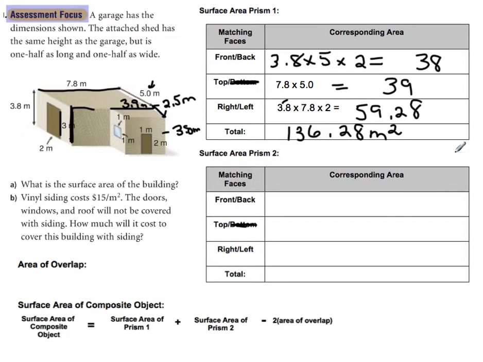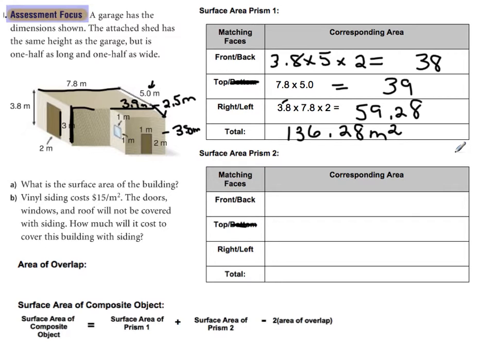It is so easy to make an error, like I just did on my calculator, so I'm going to try it again. 136.28. Okay. So I'm good with all my calculations. I have all the right shapes or sides of the prism I take into account. Keep in mind we don't take the bottom as one of our surface areas, so that's why we crossed it out, and that's why we didn't multiply that by 2.